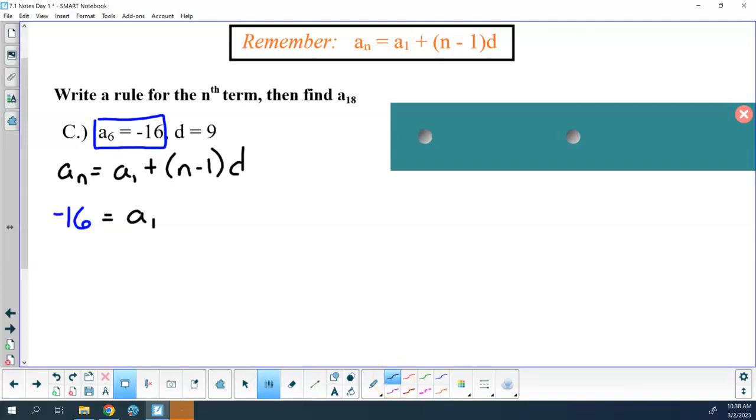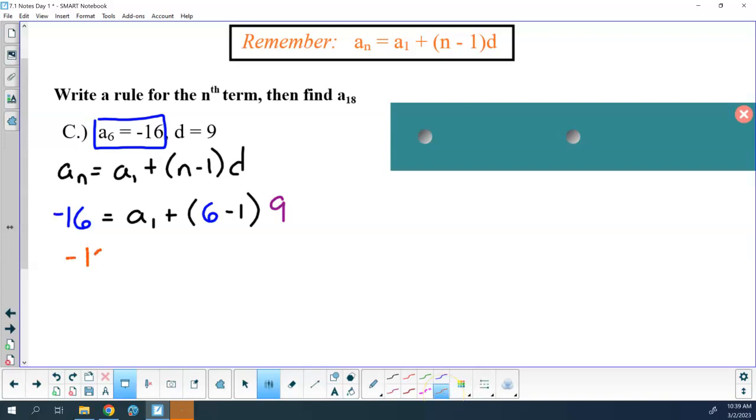I don't know my first term. But if negative 16 is my sixth term, then n is 6. And d is 9. 6 minus 1 is 5, times 9 is 45.